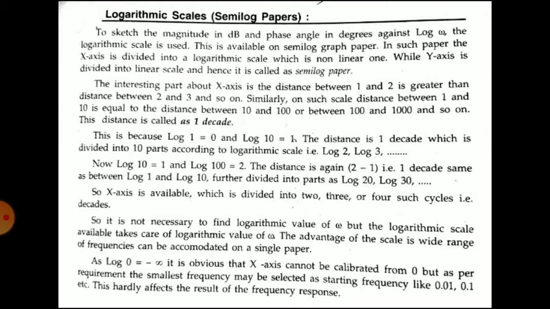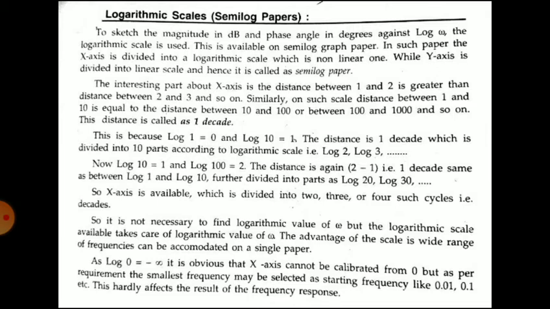So the x-axis is available divided into 2, 3 or 4 such cycles, that is decades. It is not necessary to find the logarithmic value of omega, as the logarithmic scale takes care of it. The advantage of the scale is that a wide range of frequencies can be accommodated on a single paper.